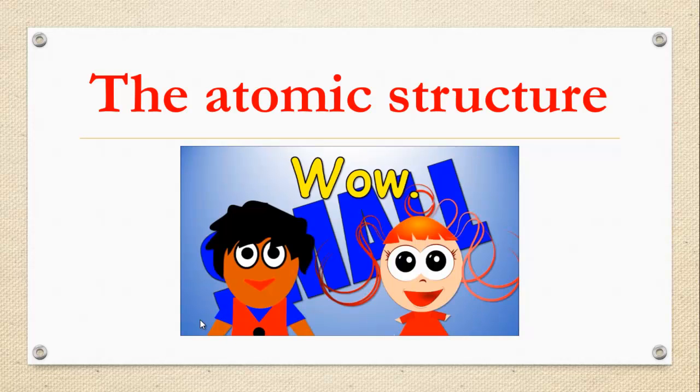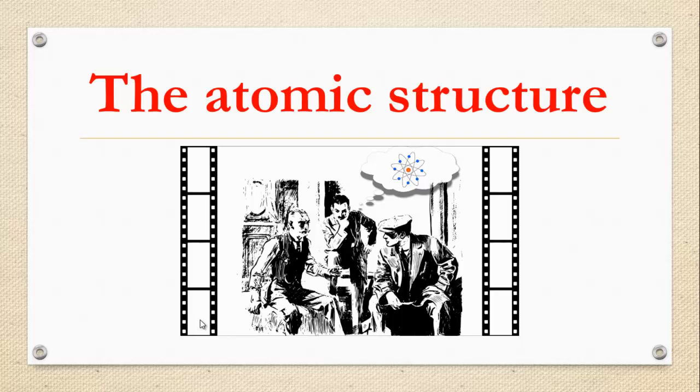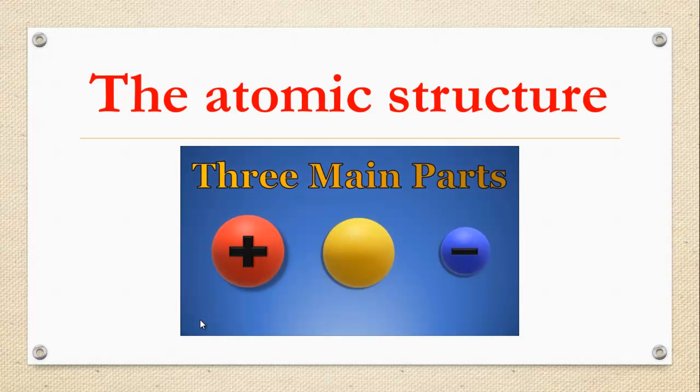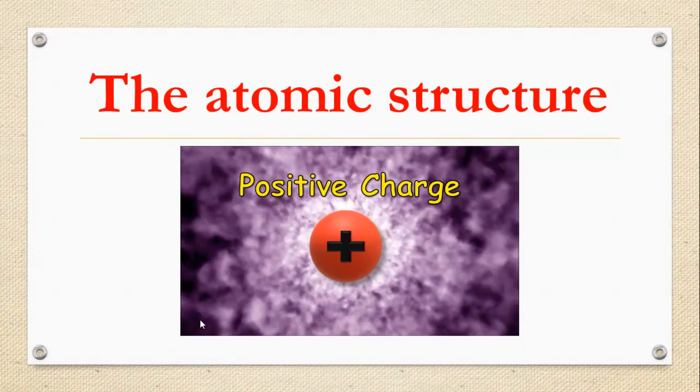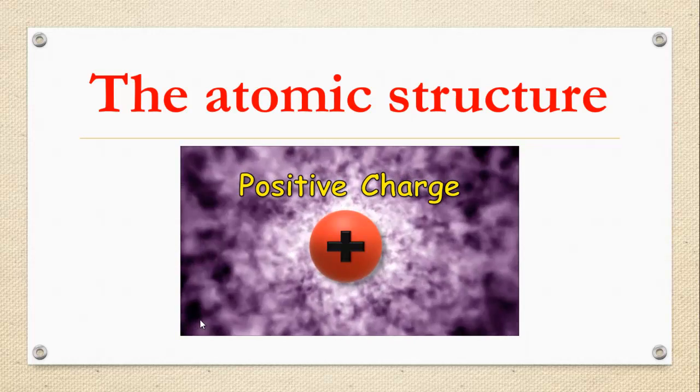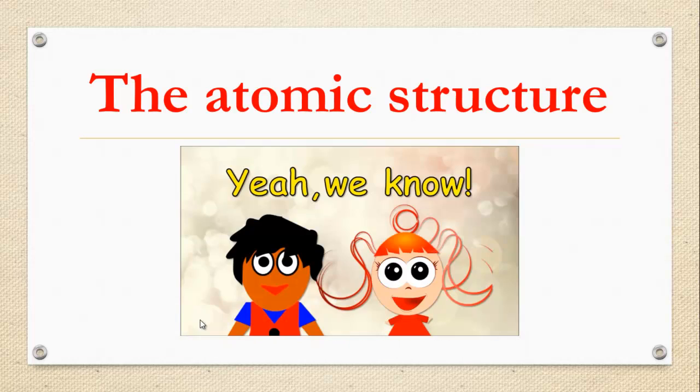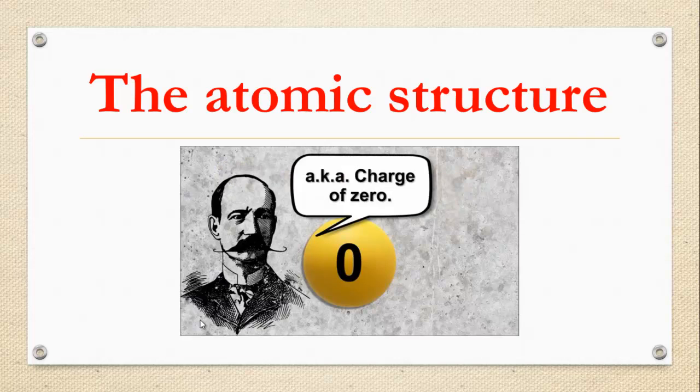Super small. To really understand it, we have to start with the fact that an atom is made up of three main parts called protons, neutrons, and electrons. Three parts of an atom. Protons first: a positive charge. The second part is the neutron, which has a neutral charge.